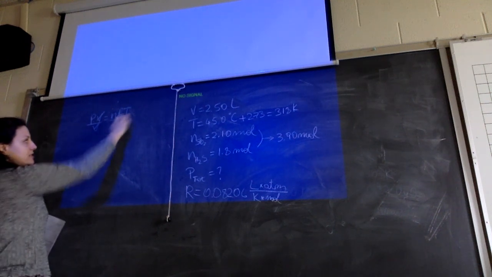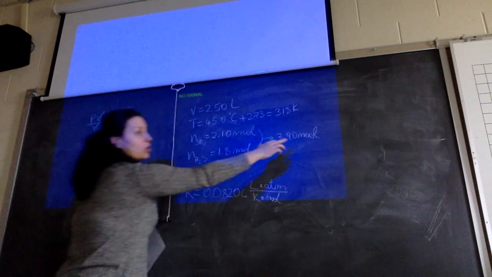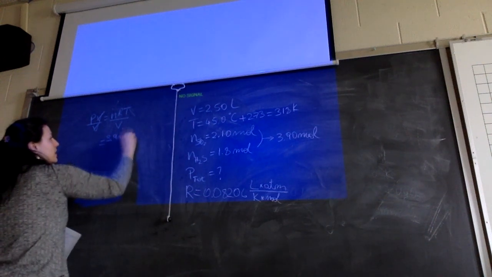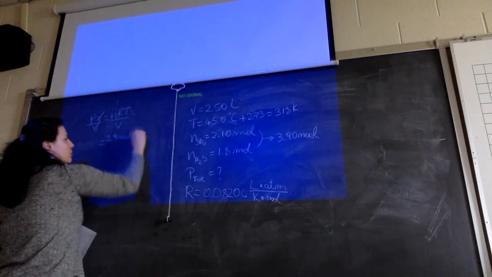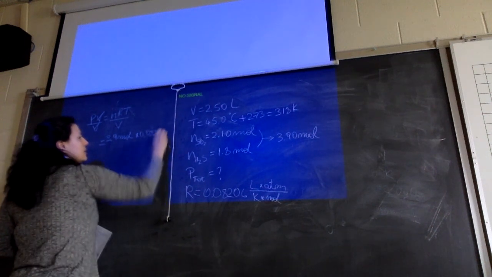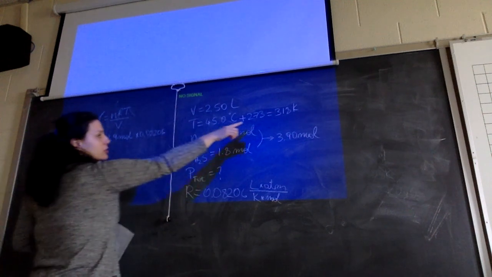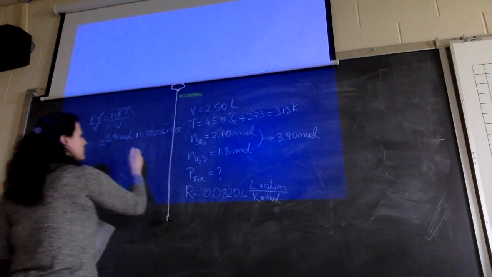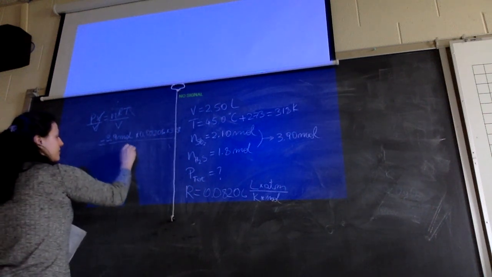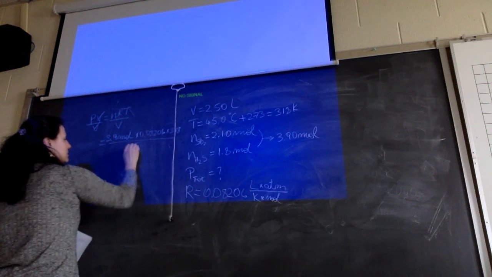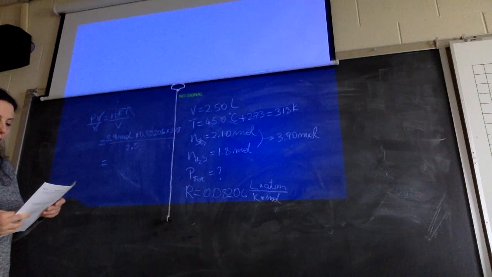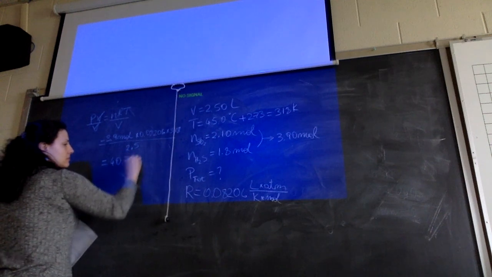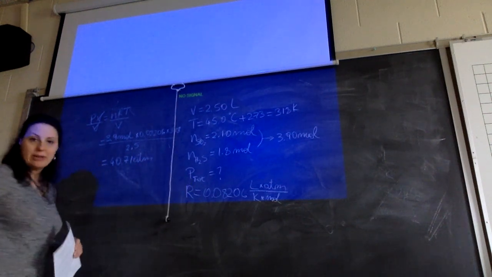So I have nRT over V. My n is the total number of moles, 3.9 moles, times R, 0.08206, times the temperature, 318, divided by the volume, which is 2.5 liters, and I get a value of 40.71 atmospheres. That's my total pressure.